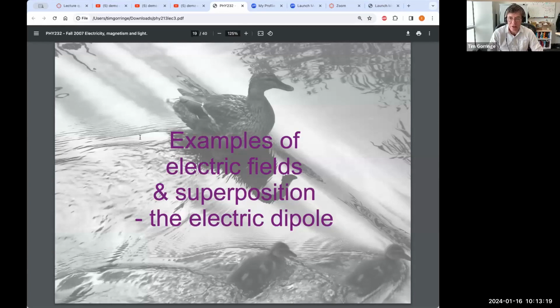It's sort of a classic example of the electrical field that's created by what's called an electrical dipole. An electrical dipole is just an arrangement of two charges, and one of them is positive and one of them is negative, so they have opposite signs and they have equal sizes.